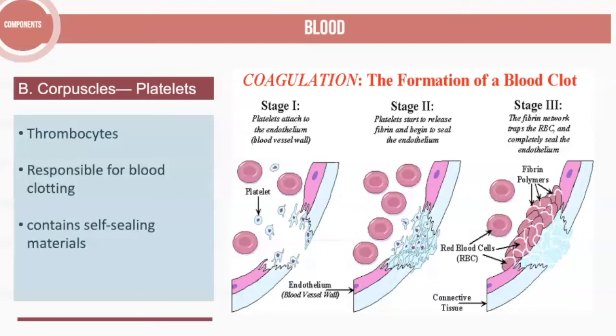When the connective tissue is exposed, the platelets will first attach to the exposed endothelium, and then release the protein fibrin to impede the further leaking out of blood. The fibrin network traps the RBCs and will completely seal the endothelium, as we can see here in the picture.